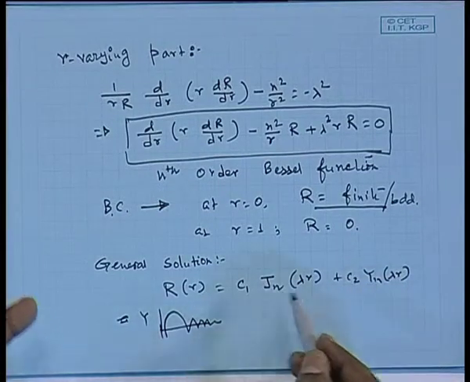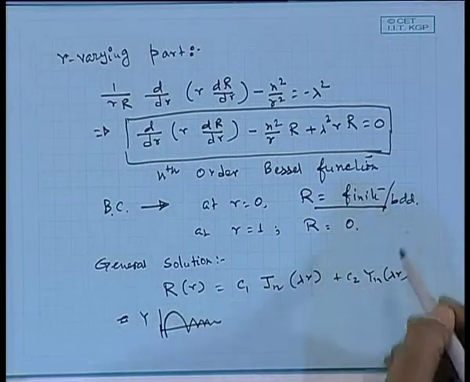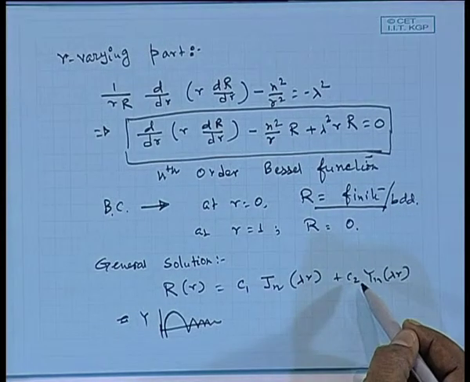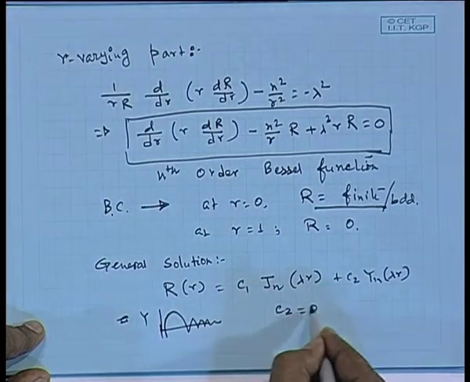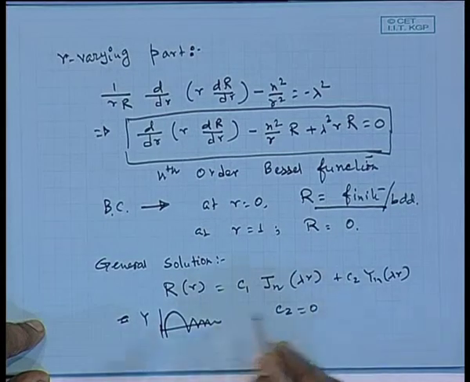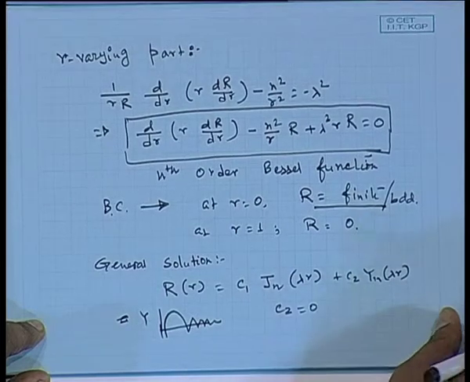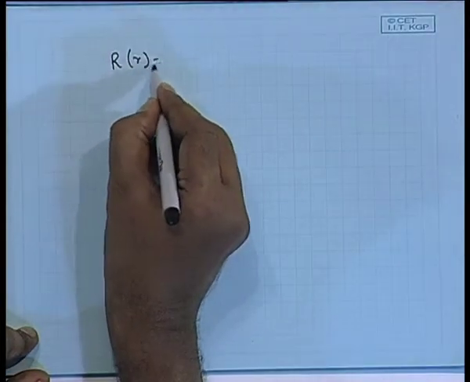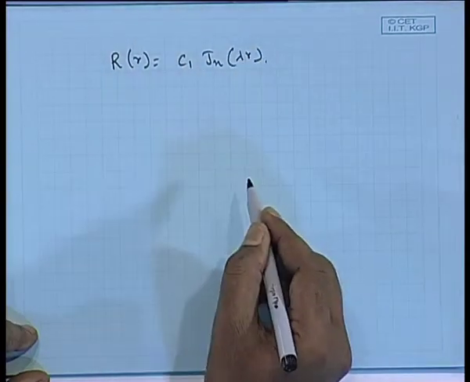So, to get a bounded solution, the associated constant must be 0. This boundary condition indicates that C2 is equal to 0. So, the solution becomes R equals C1 J_n(lambda r) only.